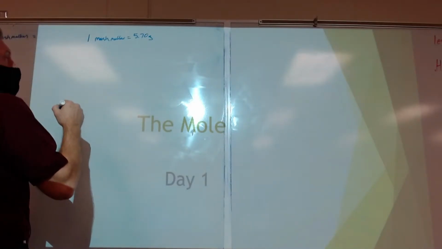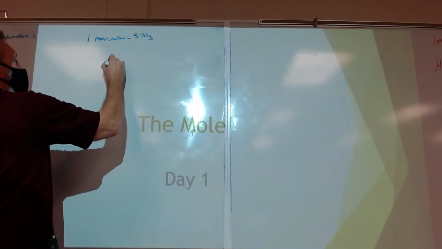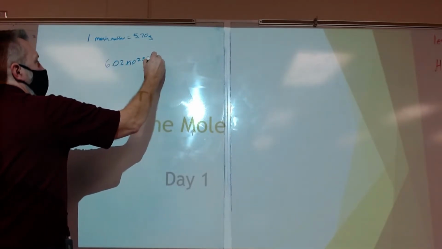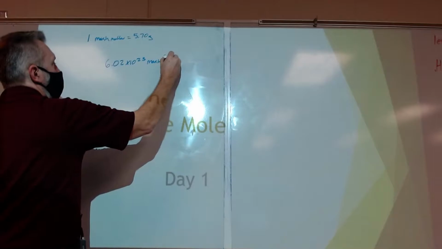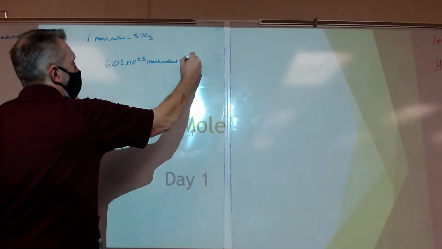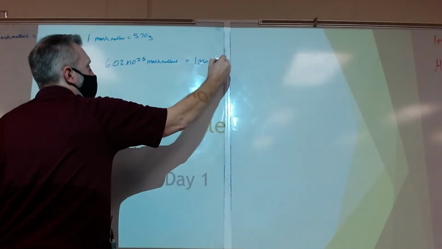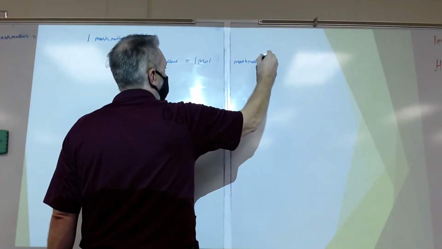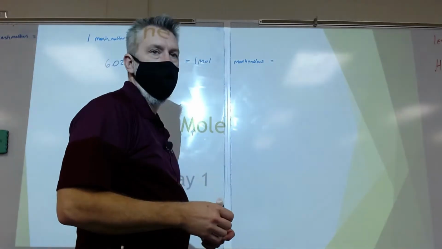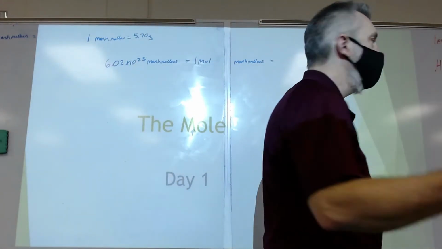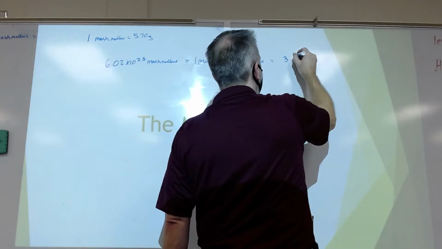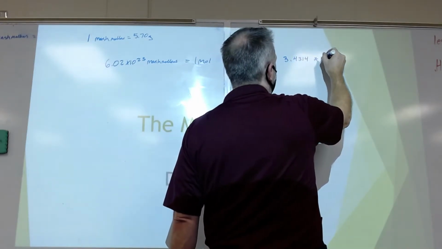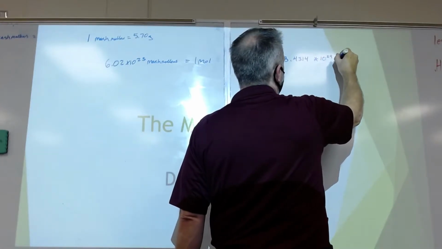So, if I were to have 6.02 times 10 to the 23rd, that's 1 mole of marshmallows. What would the mass of that be? What'd you get? 3.4314 times 10 to the 24th grams.